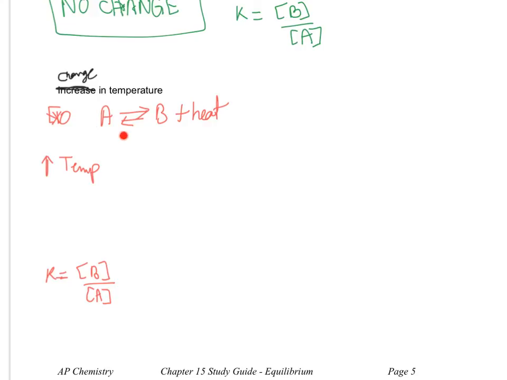If it shifts to the left, then it makes more A, so my A increases. My B, you can think of it as remains the same, or if you're really accurate, if you're making more A, you're losing some B, and so that decreases. I shifted to the left without anything to balance it. So I made more A and used up B, and so now my K will decrease.